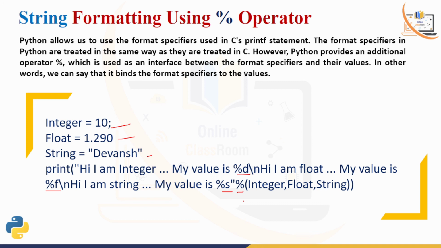After that there is a bracket with integer, float, string, so the first %d maps with the integer, then %f maps with the floating point number, then %s maps with the string. You can run this code on your own and see the output.